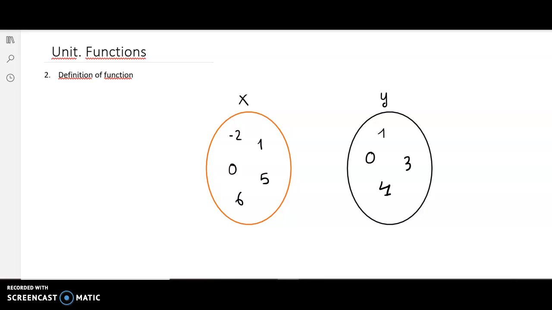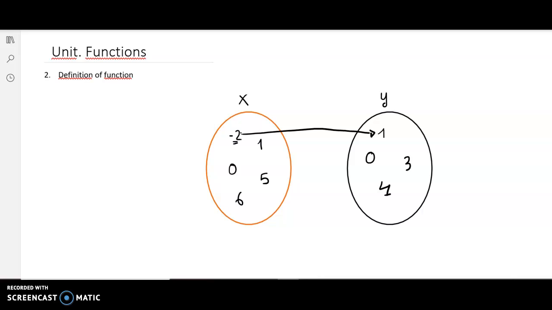Some numbers are equal, other numbers are different from the first set. A function relates each number from the first set to one single number in the second set.